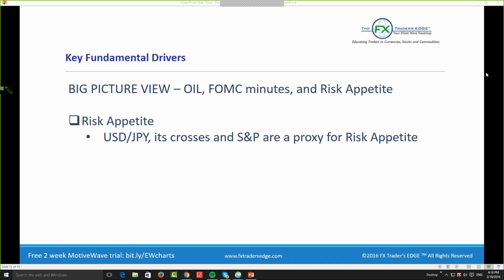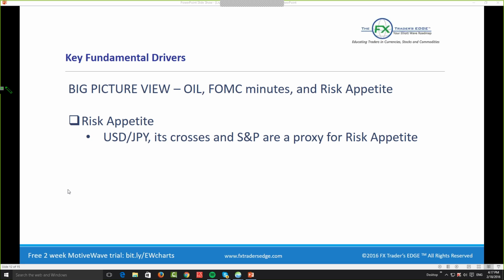So now let's just talk a little bit more about risk appetite, risk on and risk off. So we shared that we want proxies for risk appetite and risk on and risk off. And we noted that the stock markets and also dollar yen, when dollar yen is moving down and the stock market is moving down, that's risk off.